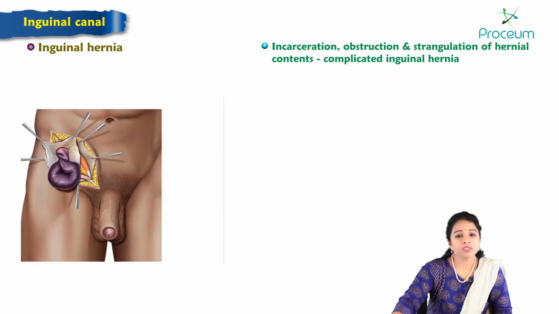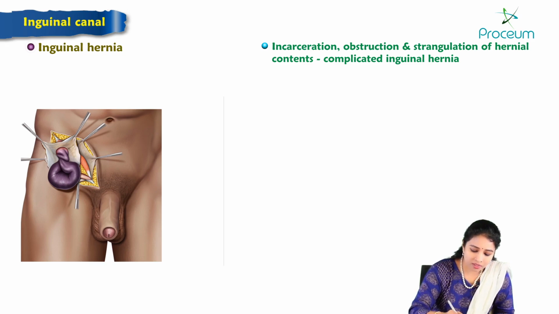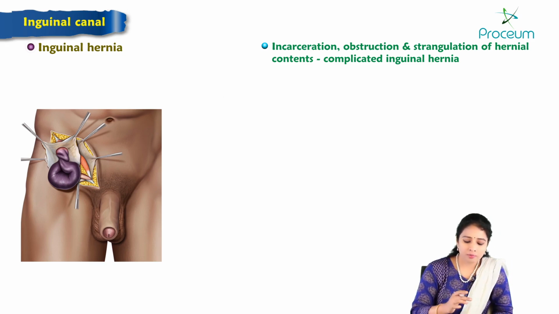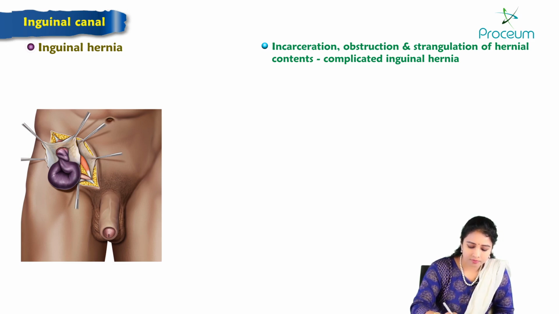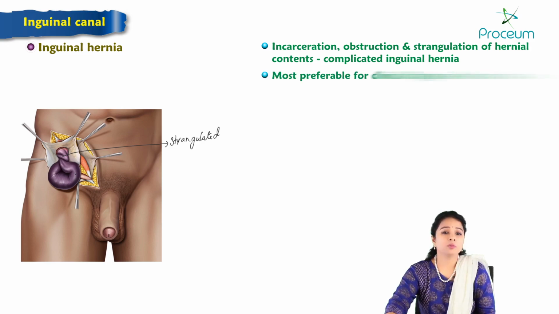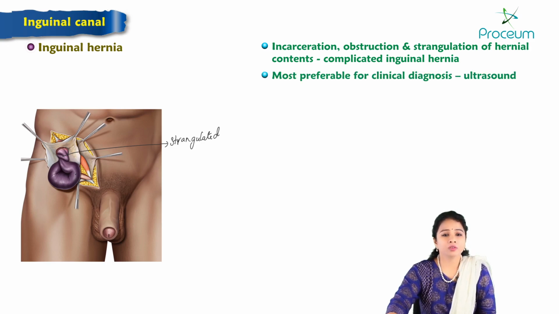Incarceration, obstruction and strangulation of hernial contents are collectively referred to as complicated inguinal hernia. Here in this image we can see the strangulated abdominal contents changing color. The most preferable clinical diagnosis for inguinal hernia is ultrasound.